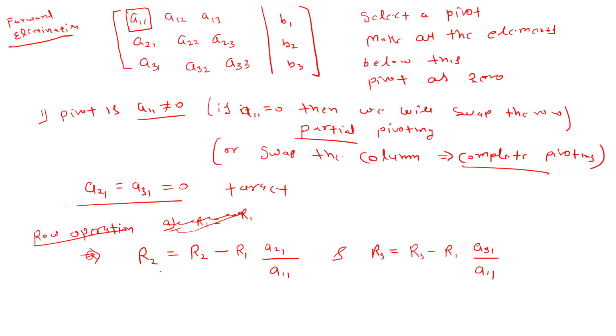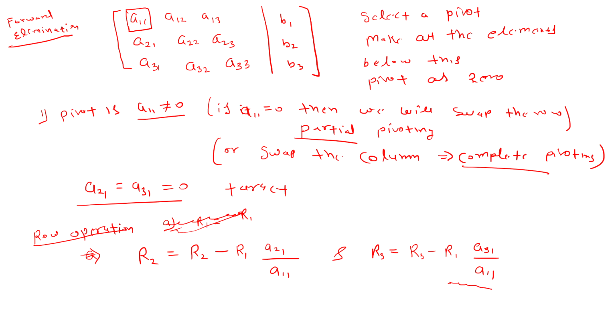So the first element in row 2 has become 0. Similarly, if R1 is multiplied with A31 upon A11, then the first element in this expression is nothing but A31, and if I subtract this from A31, then this element also becomes 0.